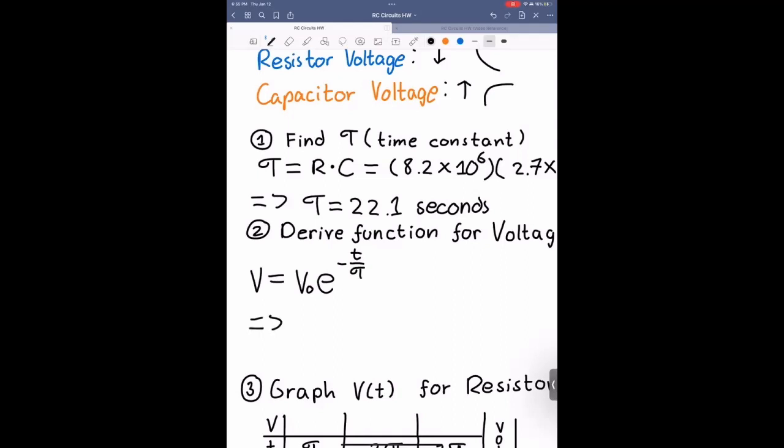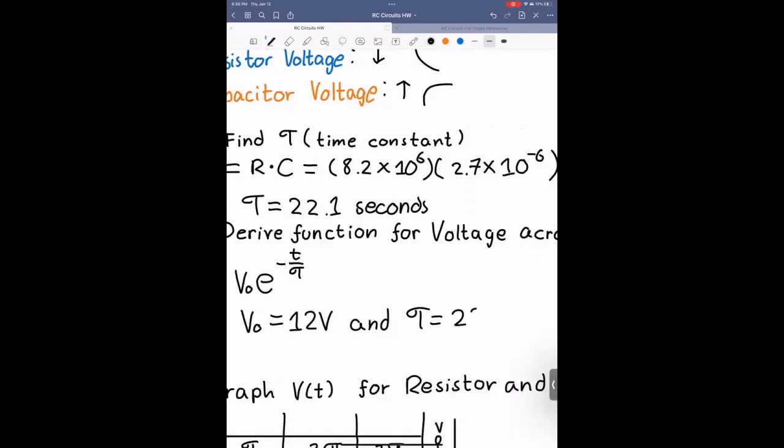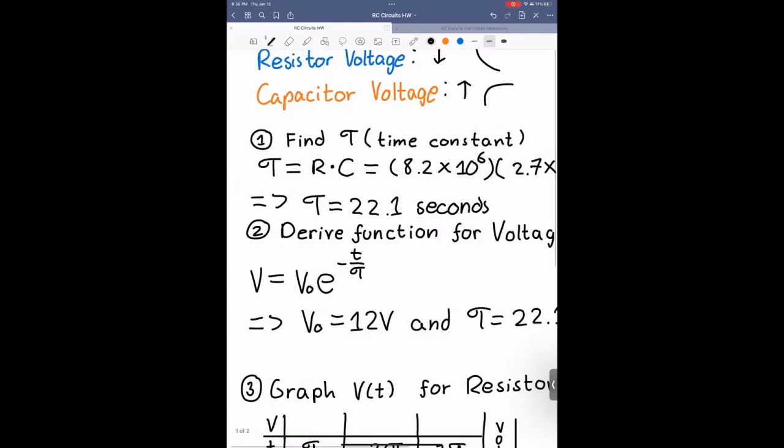Now, we know that the initial voltage, V sub 0, is equal to 12 volts, and that tau is equal to 22.1 seconds. Now, if we substitute those values into our previous equation, we get 12 times e to the power of -t all over 22.1.